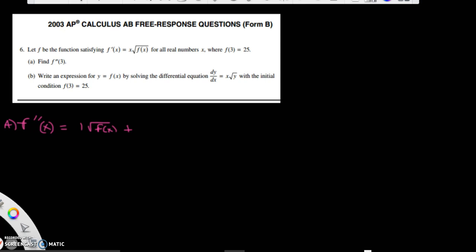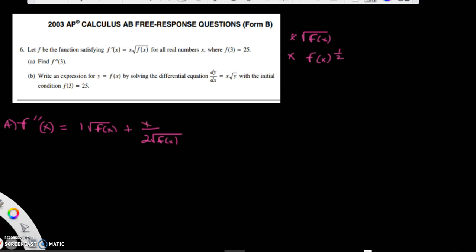Just think about root f of x as x times f of x raised to the 1/2. So if we take the derivative of this, it's going to be 1/2, and this thing will drop inside the root over here, over x.